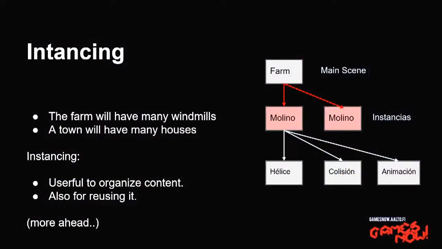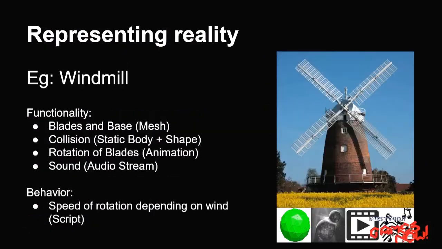And so we make a little tree with all of these nodes, and we have a root, and then we use all these types: a 3D mesh, collision nodes, sound, and some scripts.